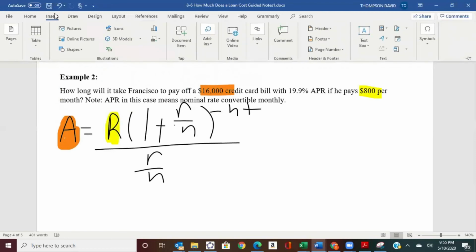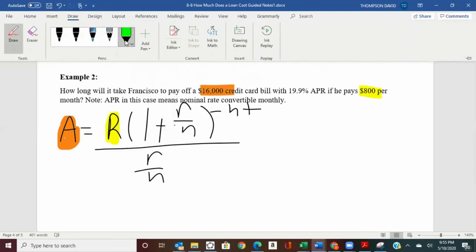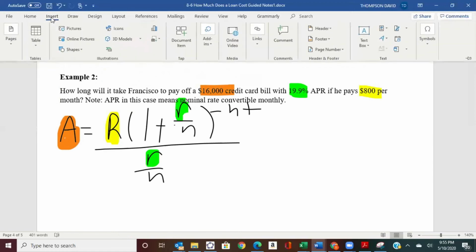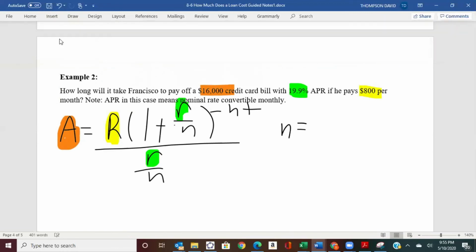We'll highlight our interest rate in lime green. And we're going to assume 12 compounds per year. Let's assume n equals 12. That's usually how they work these credit card and any type of payments.